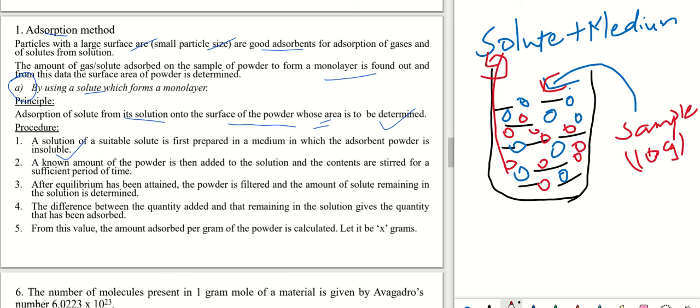Now during the stirring, the solute molecules and the powder sample get adsorbed onto each other. Adsorption forces will be acting. So we are having many particles, all will be adsorbed.